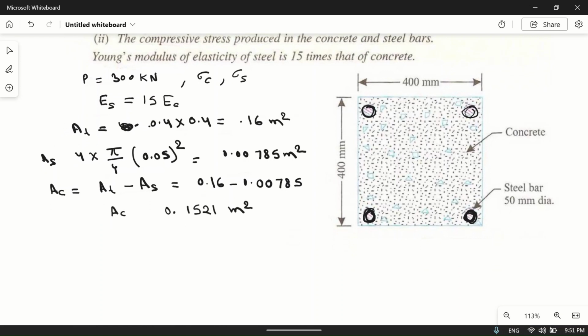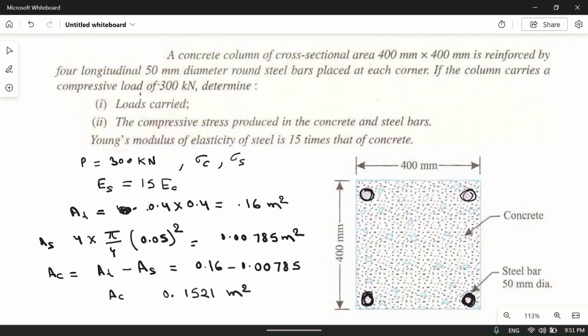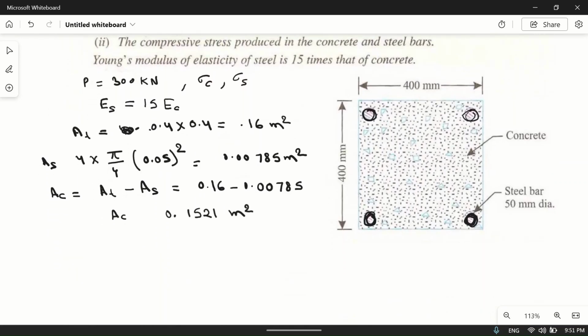Now we are applying load on this column. These are bonded together, so deformation in these two will be the same. I mean, strain in the steel bar and strain in the concrete will be the same. Strain can be written as sigma divided by E. So sigma S upon ES is equal to sigma C upon EC.